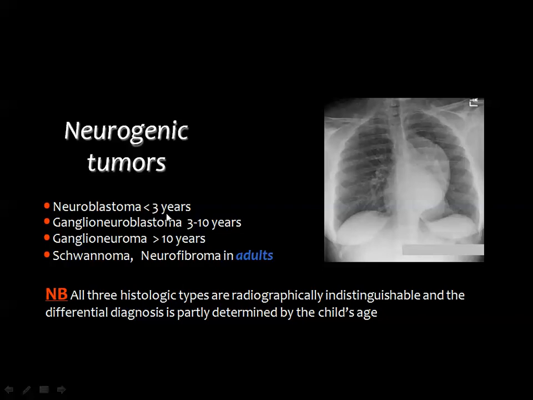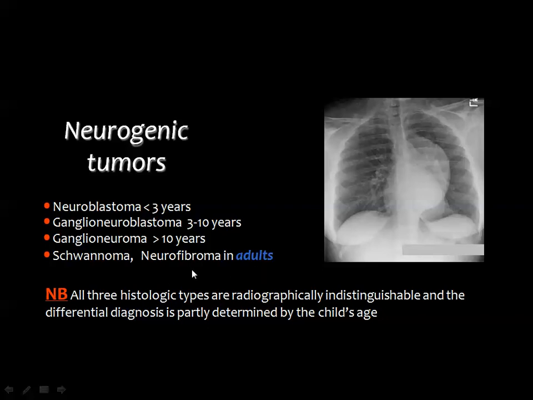Below the age of 3 years, a posterior mediastinal mass is suspected to be a neuroblastoma. Between 3 and 10 years, you consider the possibility of ganglioneuroblastoma. Above the age of 10 years, consider the possibility of the benign form, which is the ganglioneuroma.